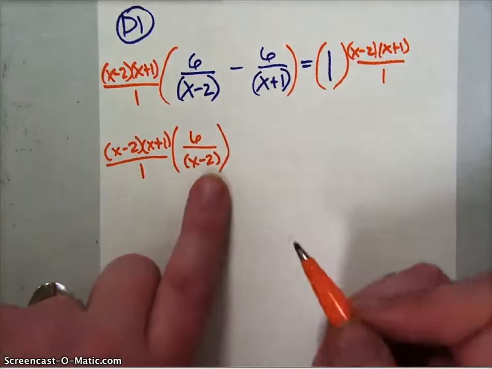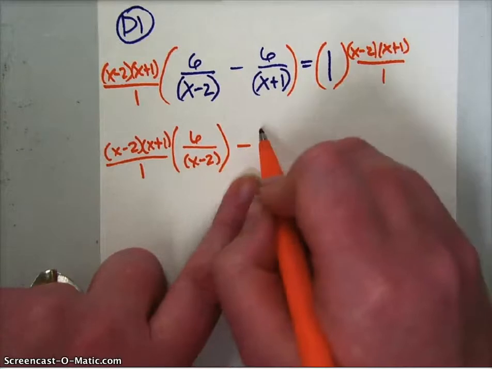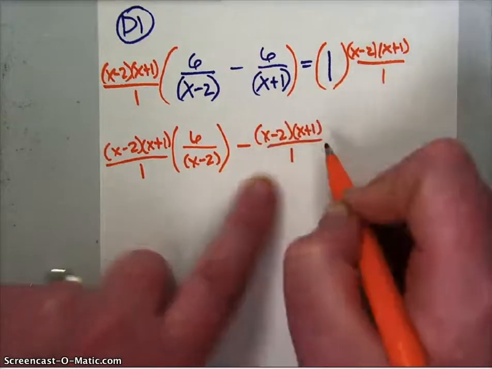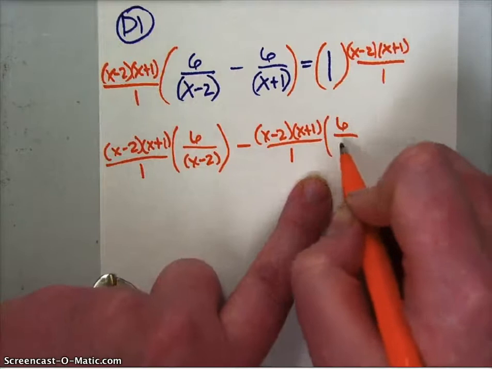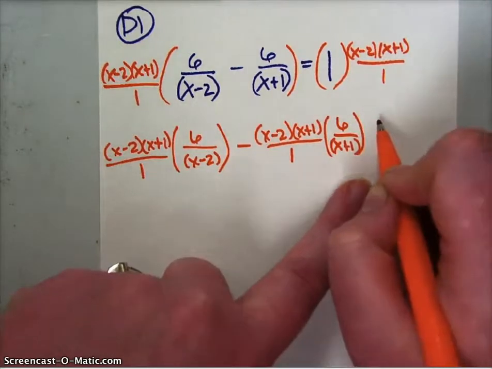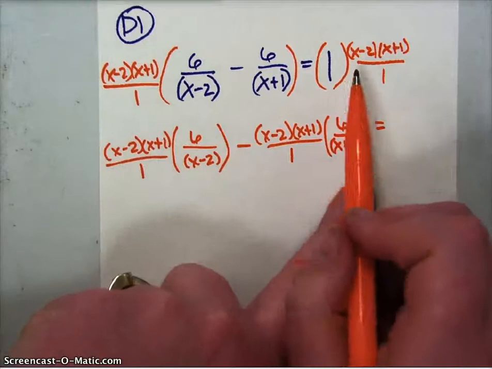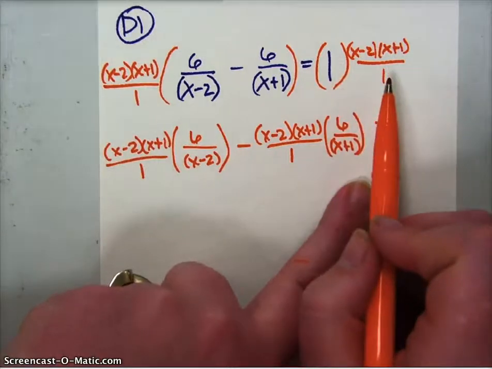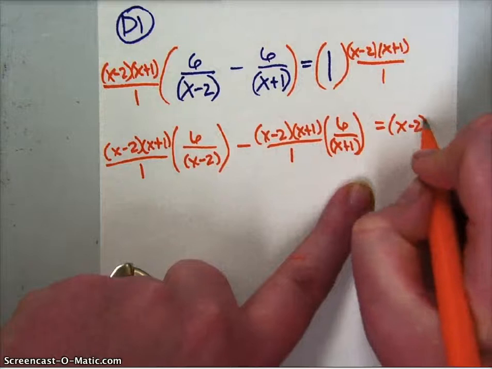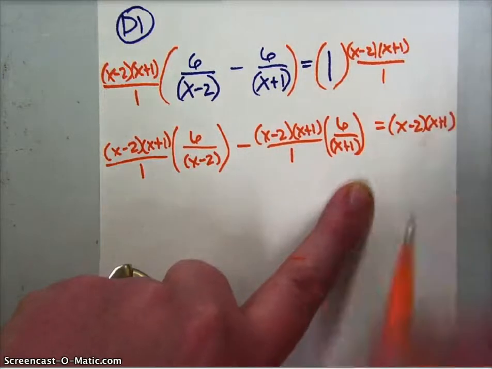And we're going to come back and simplify that. Minus x minus 2, x plus 1 over 1 times 6 over x plus 1, and then equals, well here, anything times 1 is 1, and anything divided by 1 is itself. So it's just going to be this x minus 2, x plus 1.